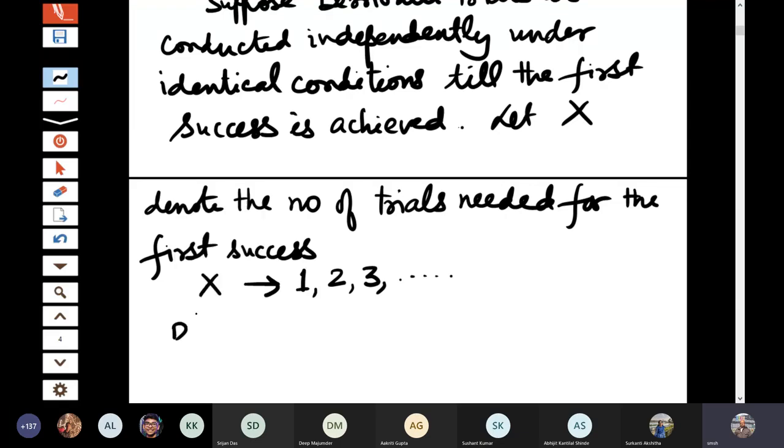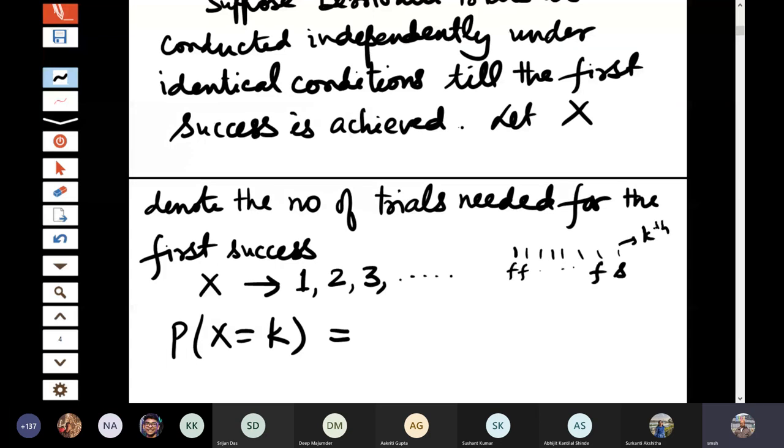So what is the probability that x is equal to, say, k? That means, what is the probability that the first success occurs on the kth trial? Then it means that these are all failures and the success occurs on the kth trial.